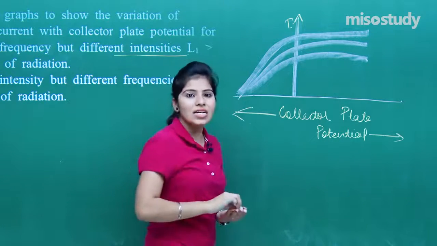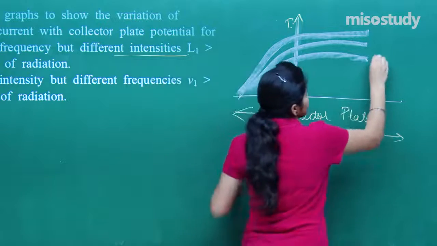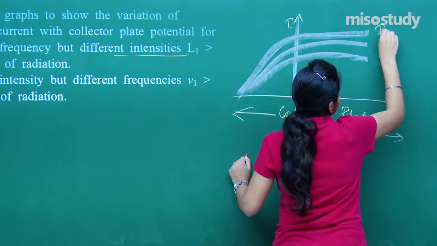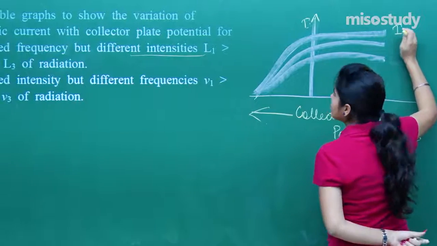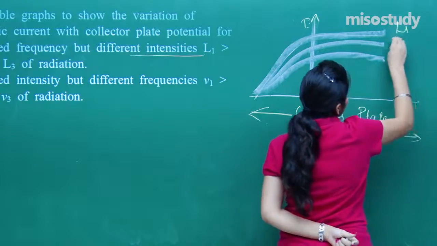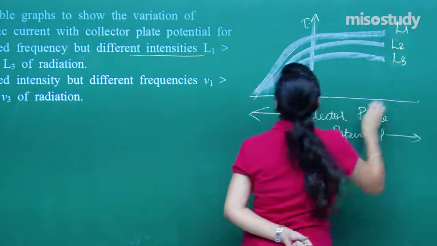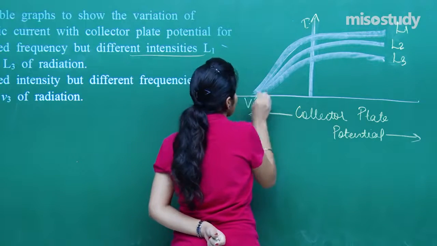See, these are three intensities, I1, I2, I3, where L1 is greater than L2 is greater than L3. So L1 is maximum, then L2 and L3, and they all reach the same potential, that is V0.